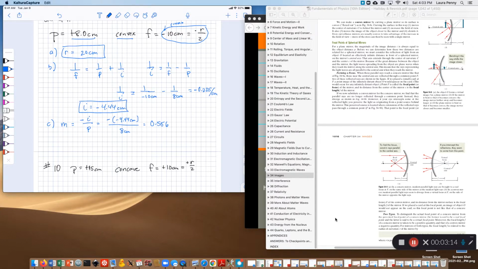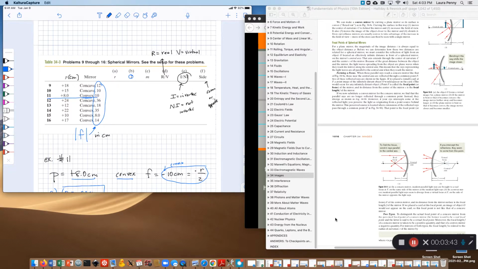This is a positive magnification. First of all, I had a negative image distance. That tells me this is a virtual image. This is a positive magnification, so it's not inverted. And it's less than 1, so it's smaller.